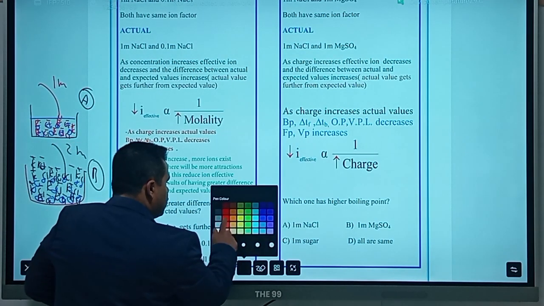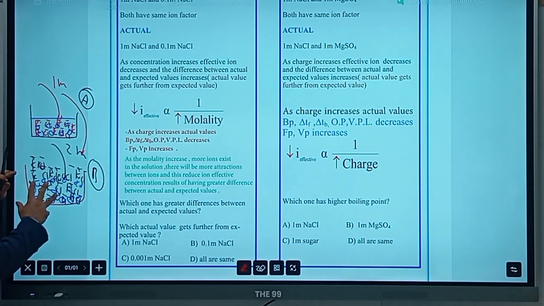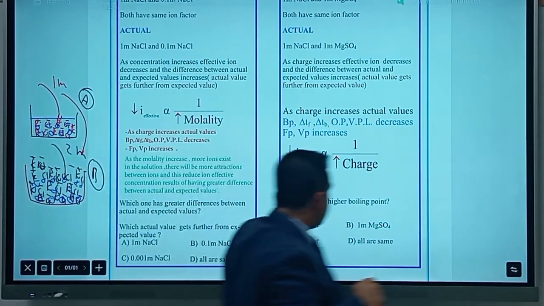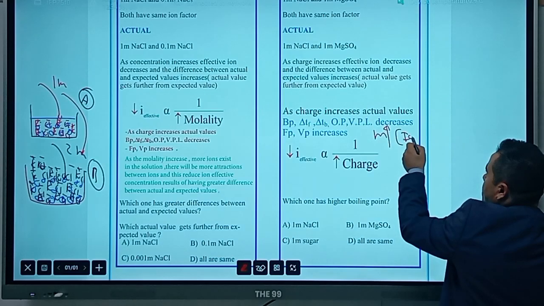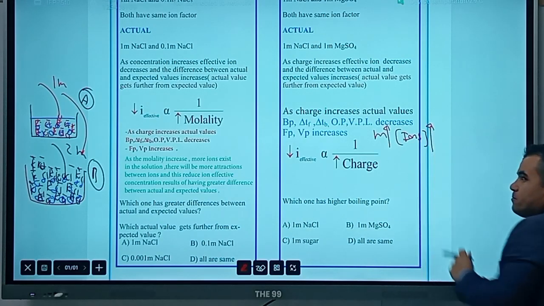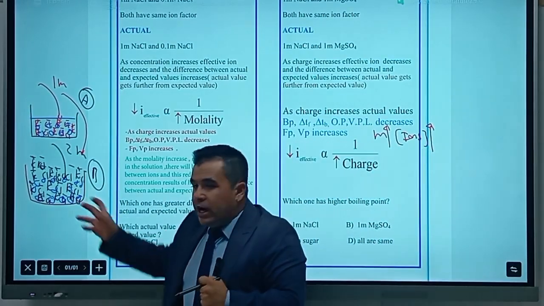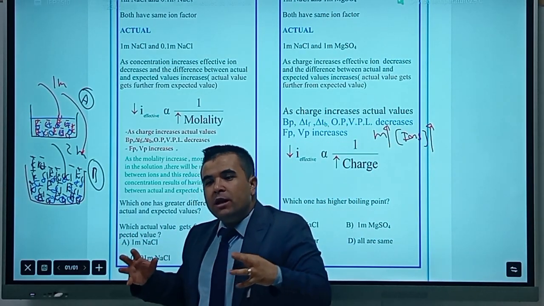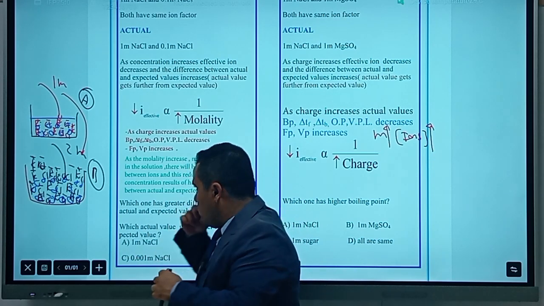Let us gradually understand what will happen to the difference between actual and expected as we increase molality. Guys, as we increase molality, you can notice we have increased the ion concentration. So as the molality increases, the concentration of the ions increases. And in a solution which has more ions, there will be more attraction between the ions.